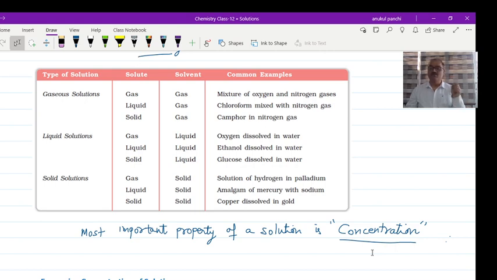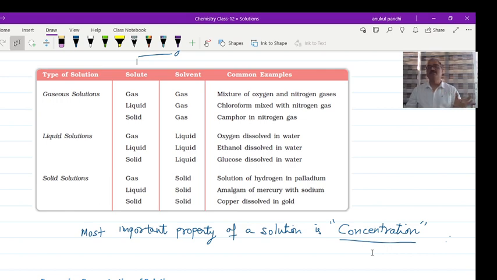We know we need precise concentration of a solution for our calculations. For example, if I give common salt and water to different students to make a solution. You know, a solution of salt in water is called brine, B-R-I-N-E, brine.